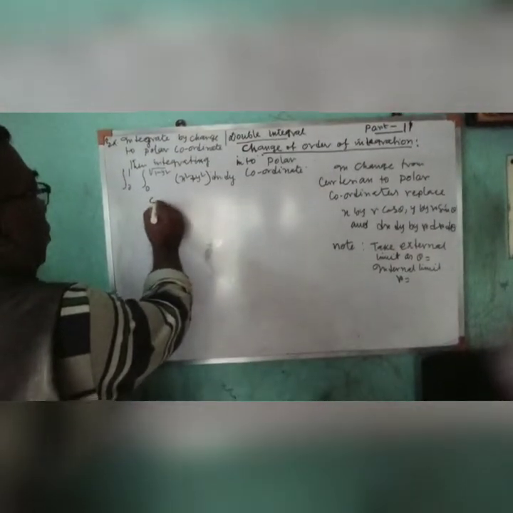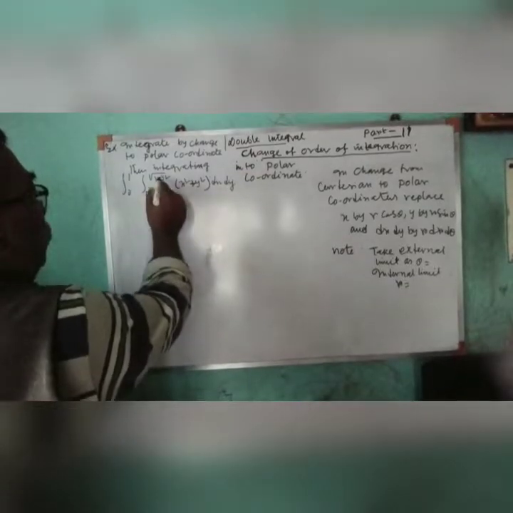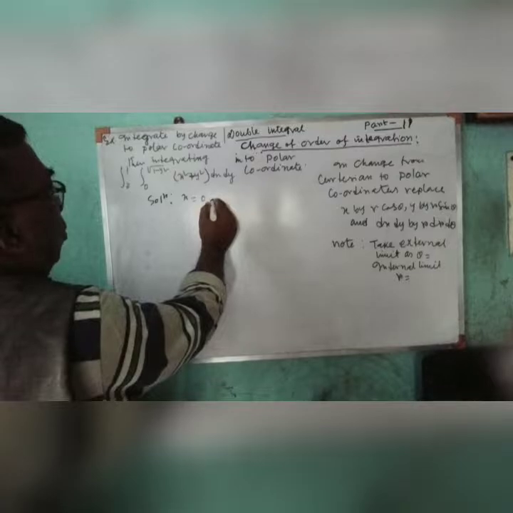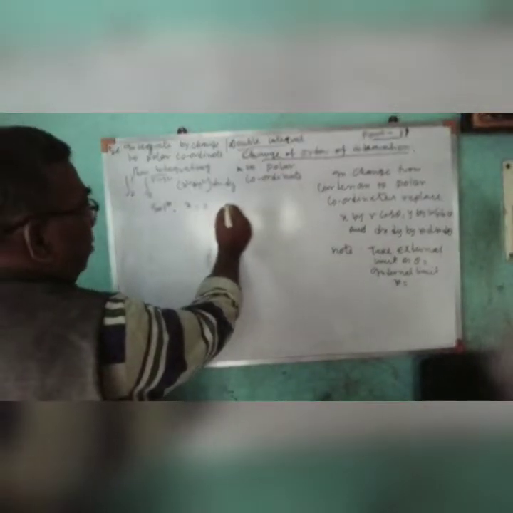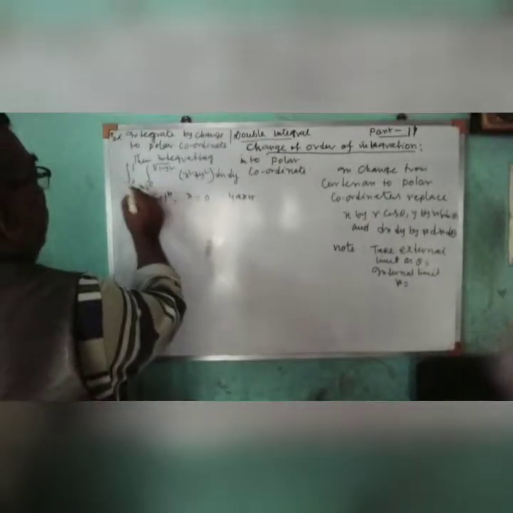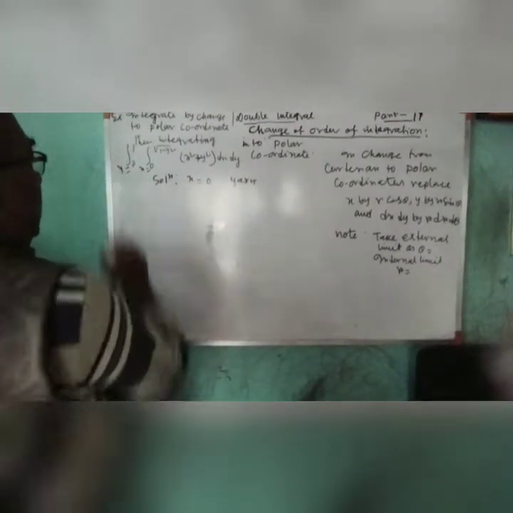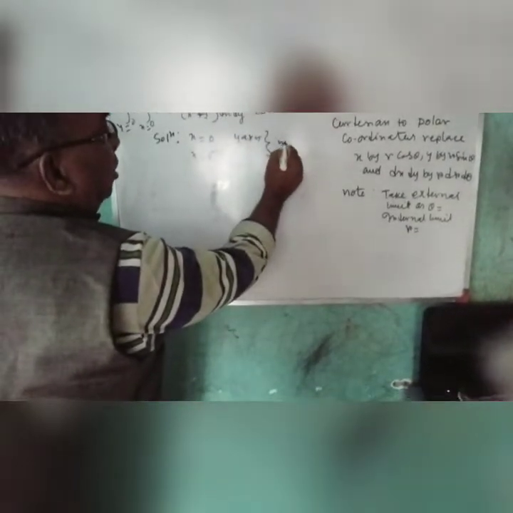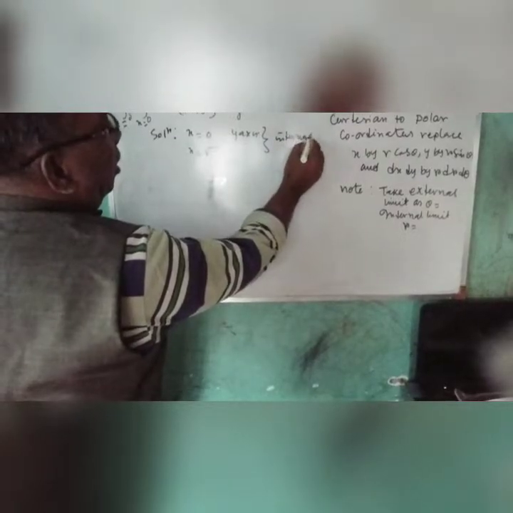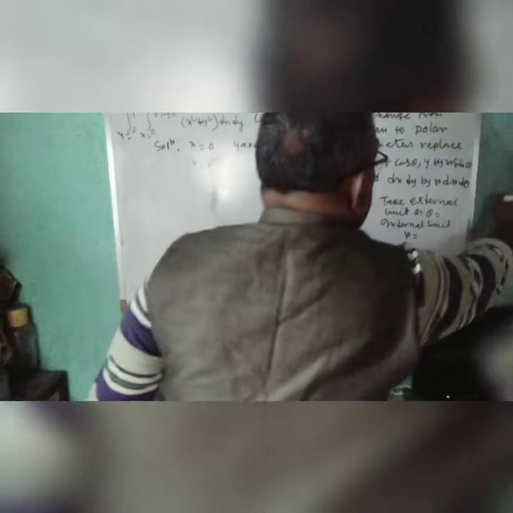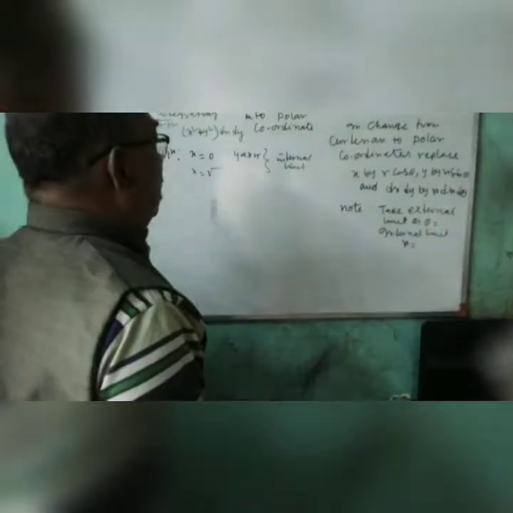Solution: here x is a function of y, so x equal to 0 is the y axis, and x equal to root over 1 minus y square is the internal limit.